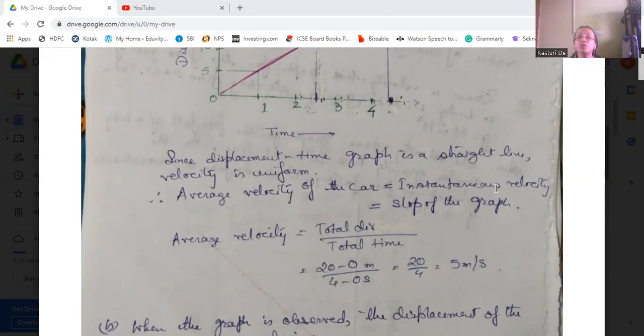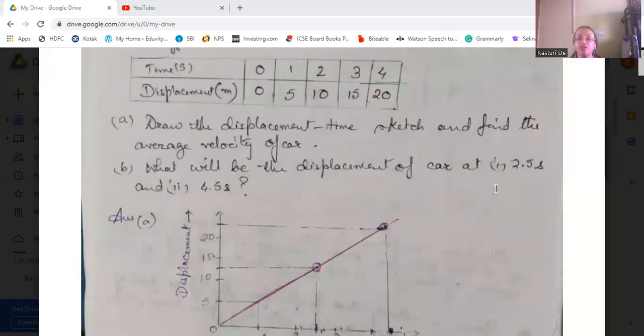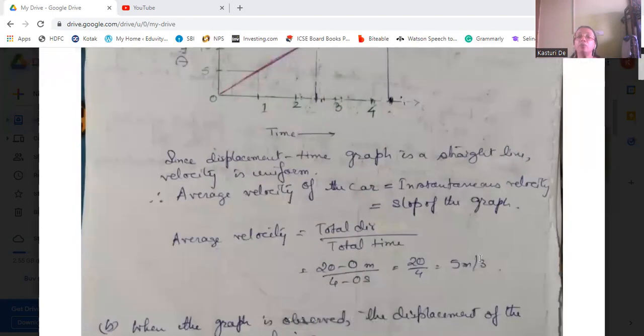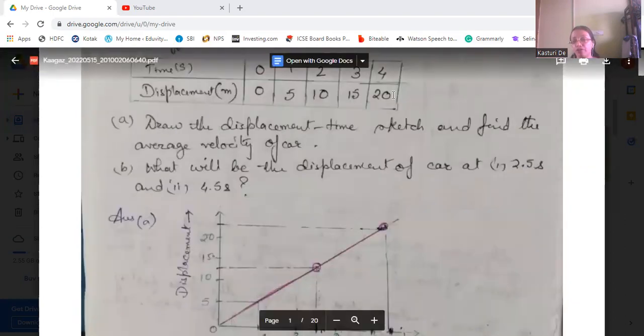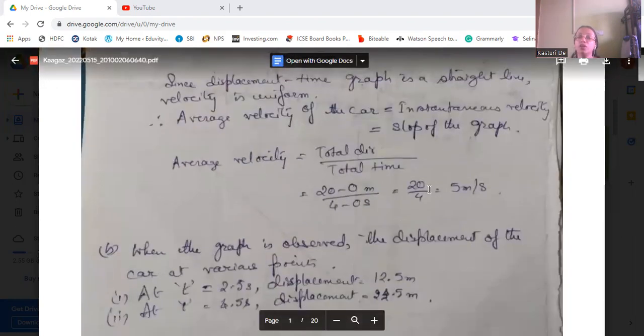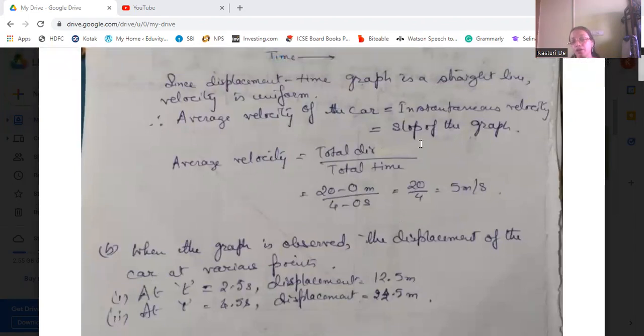The final displacement is 20 and the initial displacement is 0, so 20 minus 0, and the final time is 4 and the starting time is 0, so 4 minus 0. That gives 20 by 4, which is equal to 5 meters per second, the average velocity.